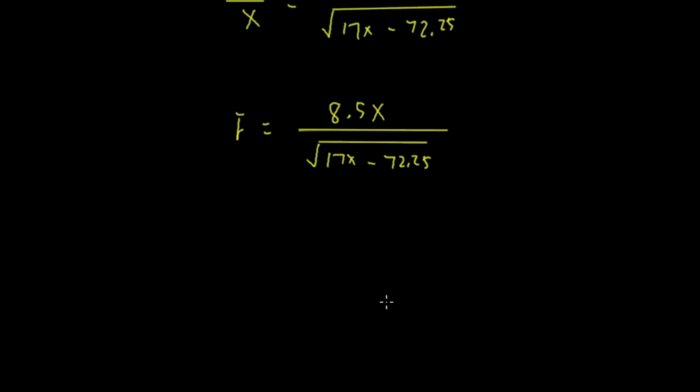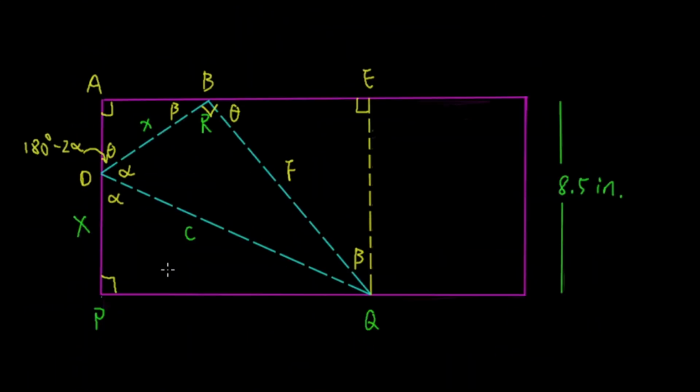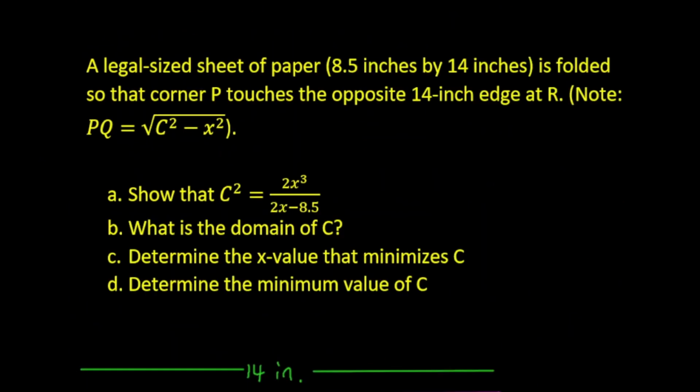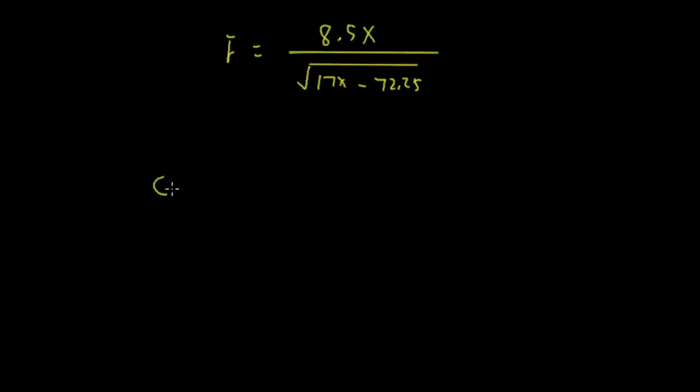And I just said, right? Here, c squared is equal to x squared plus f squared because of the right angle here. It's a right triangle. So here, c squared is equal to x squared plus f squared, right?